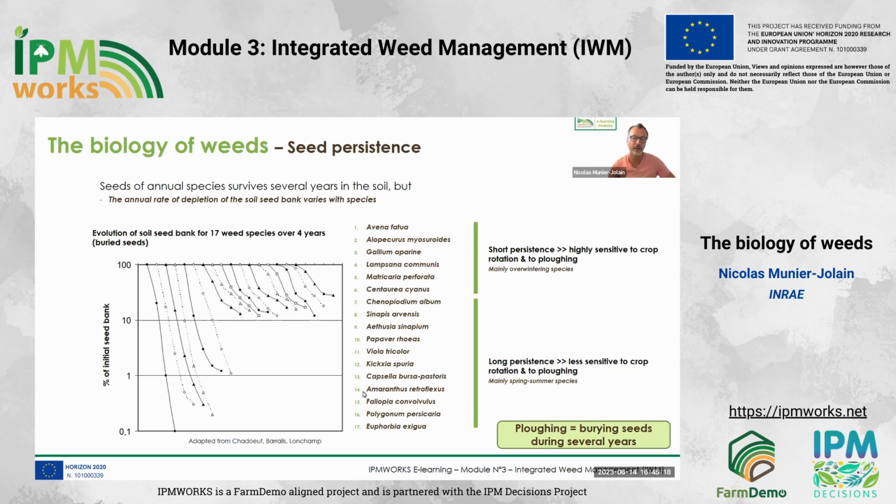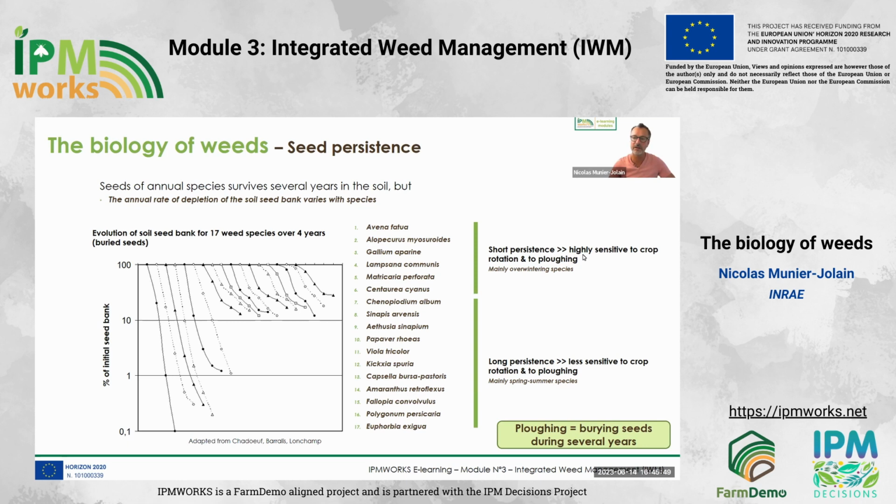And we can see that many of those species that are in the first list of short persistent seeds in the soil seed bank are very often overwintering species, such as, for example, Alopecurus myosuroides and Galium aparine, which are typical weeds infesting winter cereals, winter wheat, and winter barley.